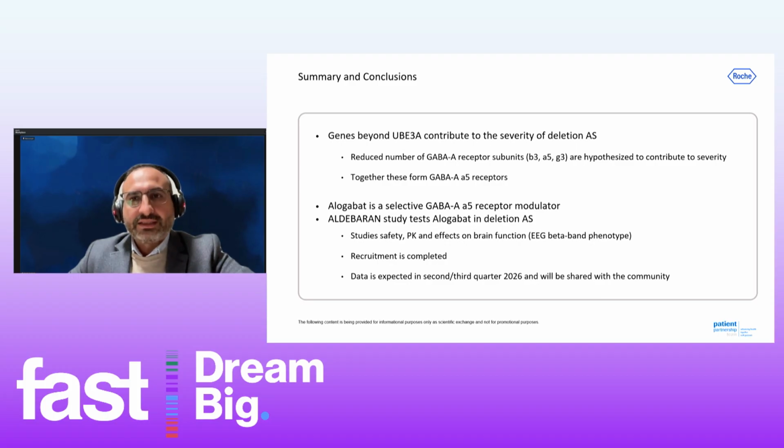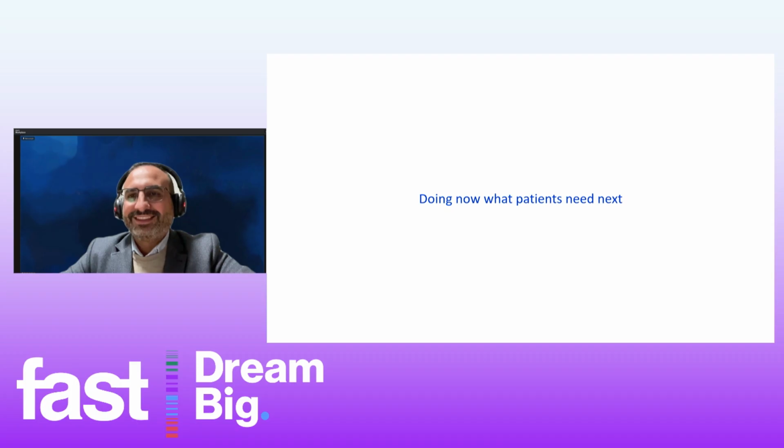This study is fully recruited, and we expect the trial to be completed by Q2, Q3 next year, and we plan to share the results as soon as we get there. So stay tuned. We will share the results with you as soon as possible. Thank you.